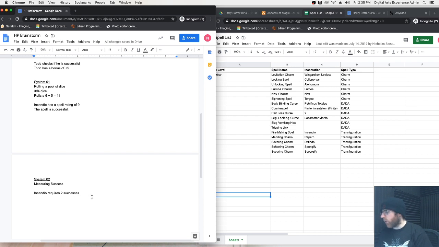So Incendio requires 2 successes. So we could still roll 3d4, but then count the successes on each die. So the idea is that a success is 3 or higher.